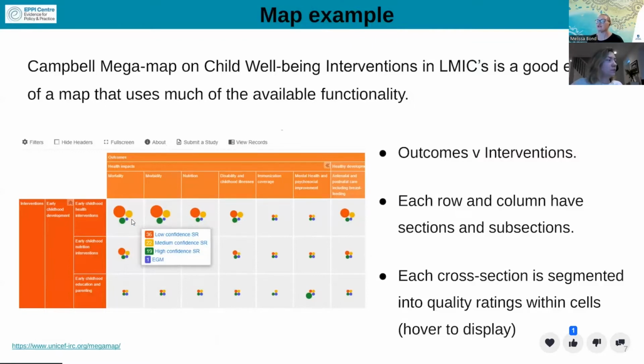So it shows you here that there are 36 low confidence systematic reviews in this cross-section of information, mortality and early childhood health intervention, 22 medium, 19 high, and 1 EGM. So if you haven't seen an interactive EGM before, it's a really fantastic visual way of being able to see the overview of evidence that's available really quickly and visually.